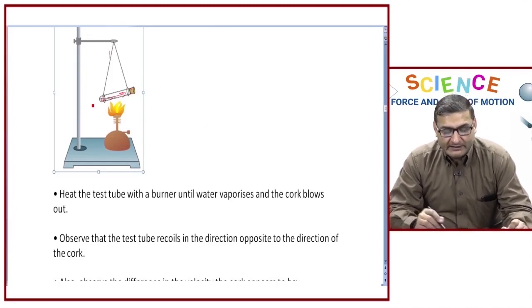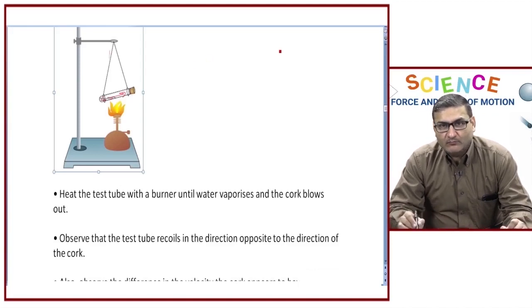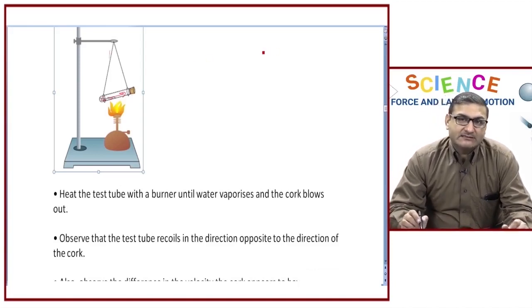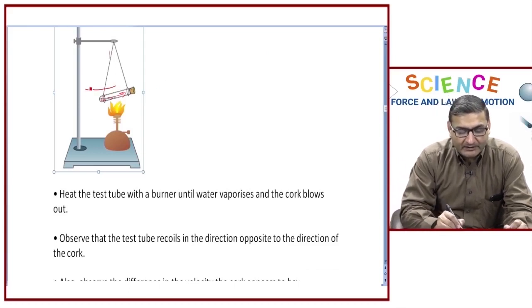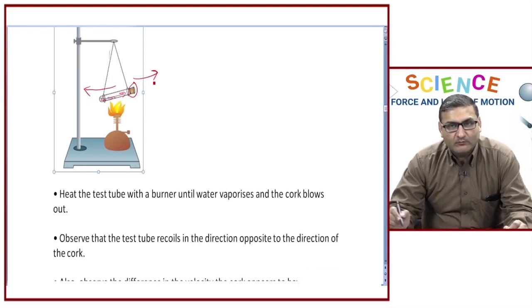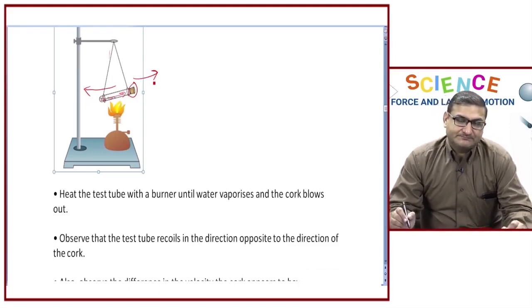Why? Because when the cork moves out with force, it exerts an equal and opposite force on the test tube, due to which the test tube will recoil, and we will see the backward motion of the test tube, and the cork is going to move in the forward direction.